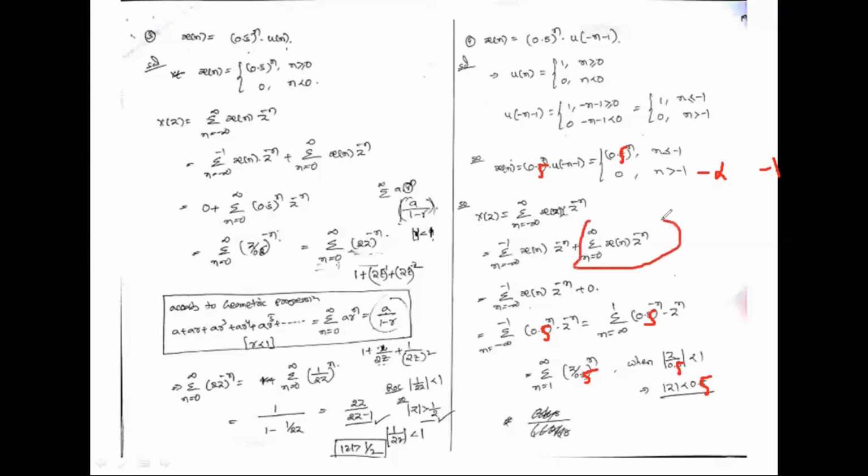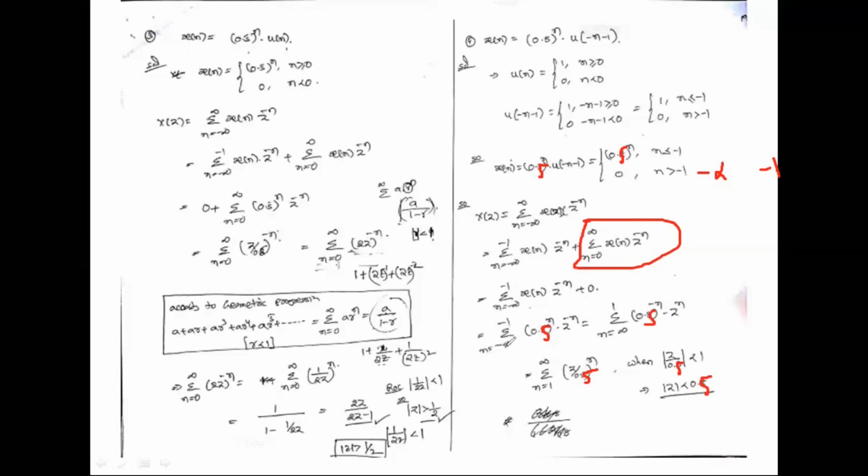So the second term, whatever we have, is 0, because it is a left-sided sequence. The sum from minus infinity to minus 1 of x[n] z^-n becomes the sum of (0.5)^n z^-n. Now here you have to remember I'm changing the limits from negative to positive.